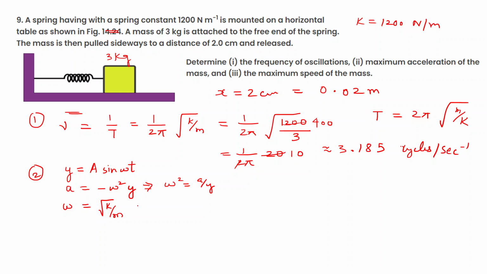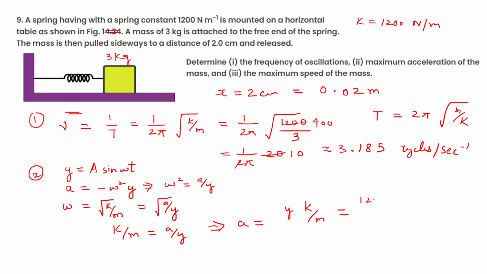Using these two things, k by m is equal to a by y. This implies acceleration will be y times k by m.